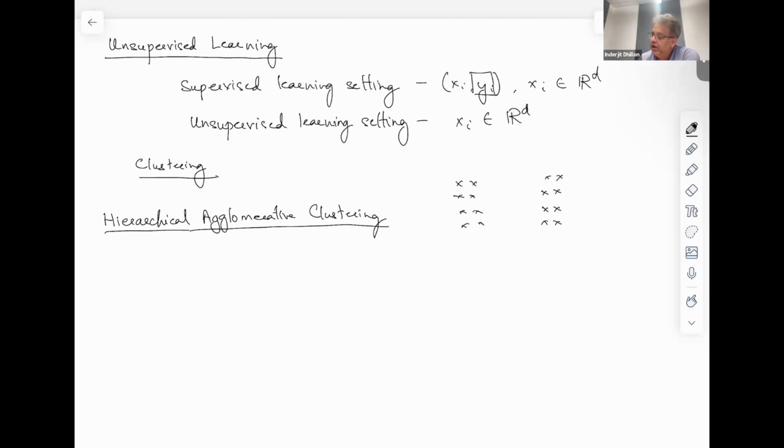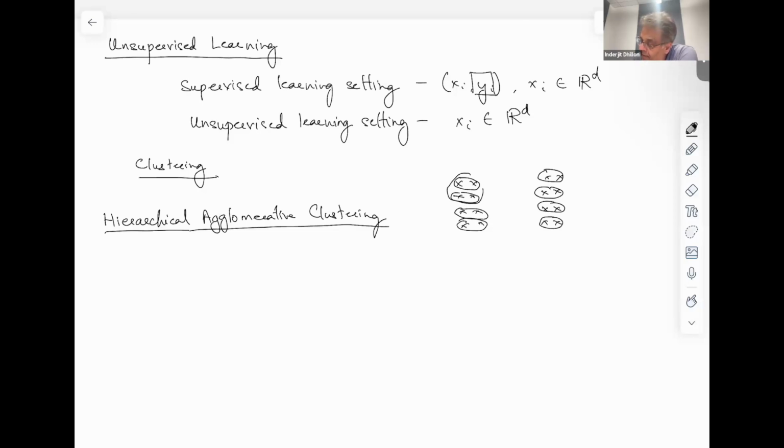In the beginning, these two points get merged, then these two points, then these two, and so on. Initially I started with 8 times 2, 16 points, so there were 16 clusters in the beginning.